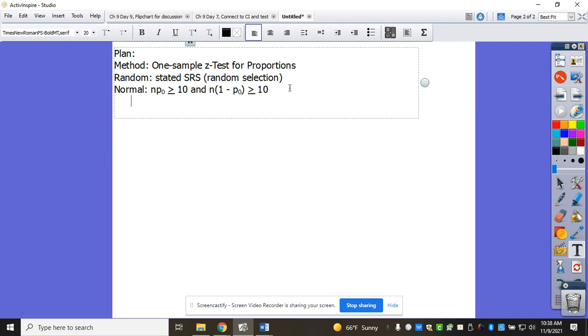What is our n? We're multiplying 210 times, which gives me, which is greater than or equal to 10. And then we're also dealing with 210 times what?